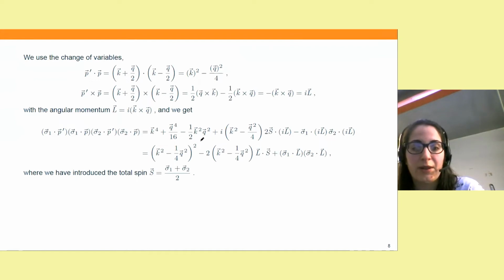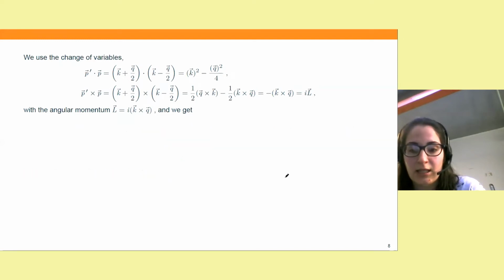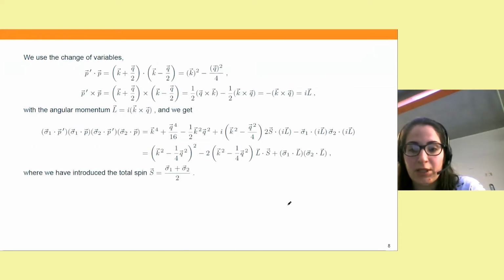Then we have these expressions here, and we have this S that comes from the Pauli spinors times this operator that we see here, okay? And we can further simplify it. We can see that we have the square of K square minus 1/2, okay?